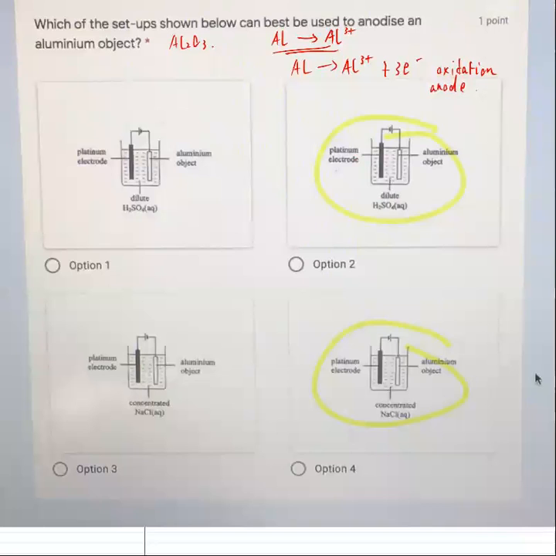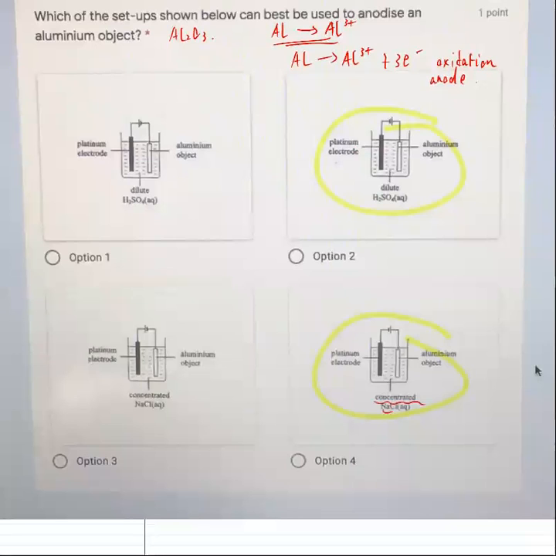And then the next question is, which solution we need to choose? If we take a look at option 4, the electrolyte we use here is concentrated sodium chloride. So at the positive electrode, it will have a lot of concentrated chloride ion and also some hydroxide ion.